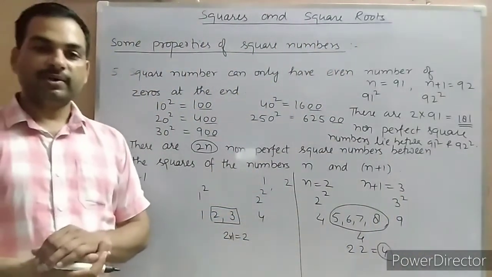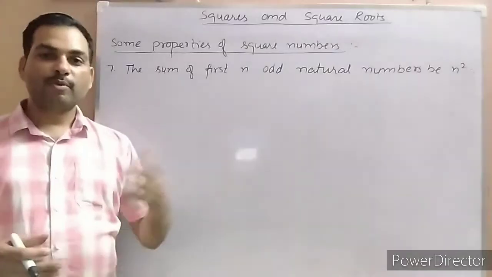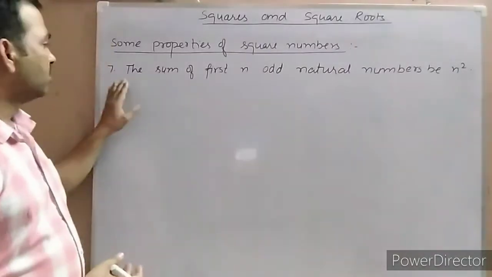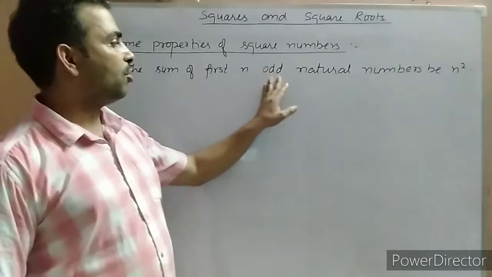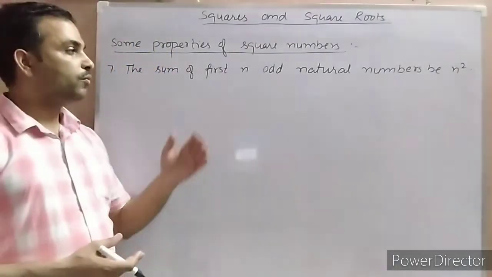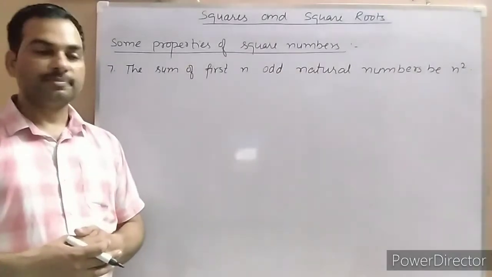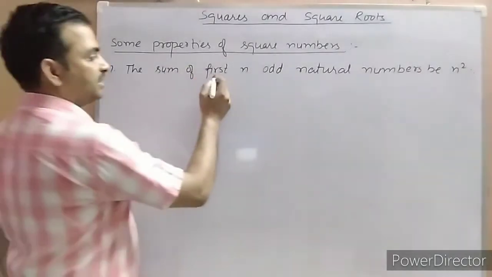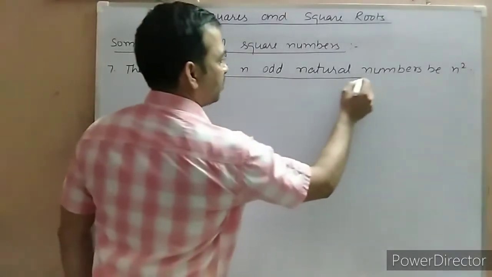Very important concept. Property number 7: the sum of the first n odd natural numbers is n square. What is the meaning of this property? First n odd natural numbers.